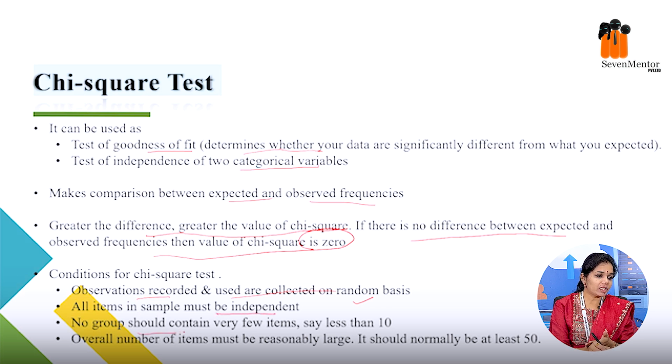No group should contain very few items, less than 10. If the value is below 10, then this test cannot be conducted. So it should be more than 10. Overall number of items must be reasonably large, normally at least 50. These are a few conditions under which the chi-square test can be conducted.